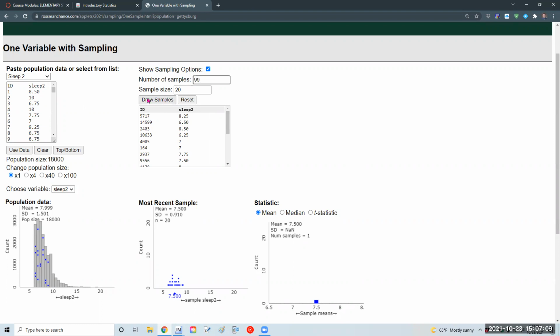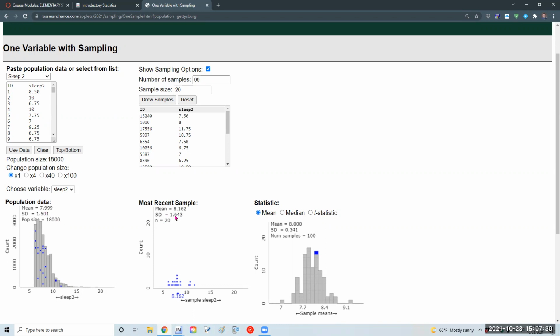It's going to give me three things. Again, the population data, and then this will be the data from the very last of the 99 samples. You can see that the mean was this, and that's very close to the actual mean.